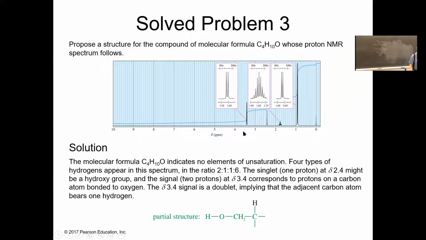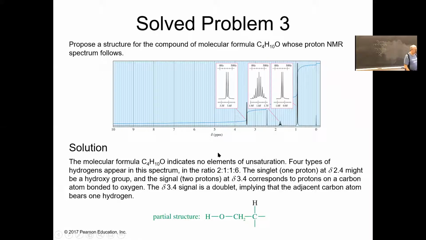Okay, so we have a doublet here between 3 and 4. Okay, that is probably the carbon that's connected to the oxygen. Okay, and that integrates to 2.